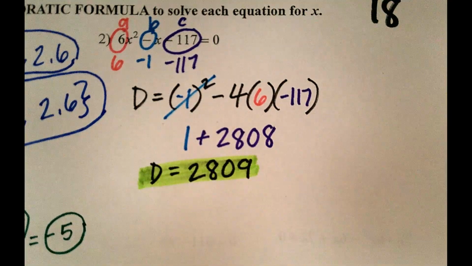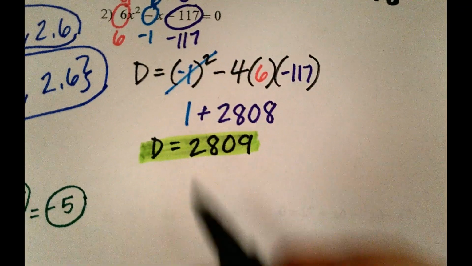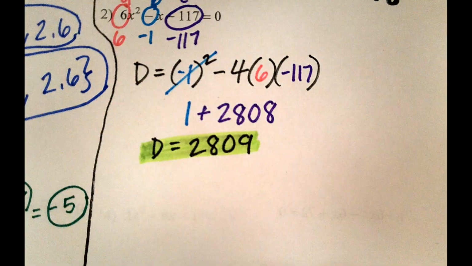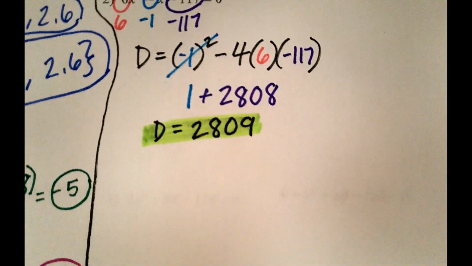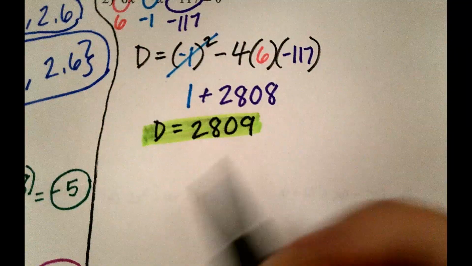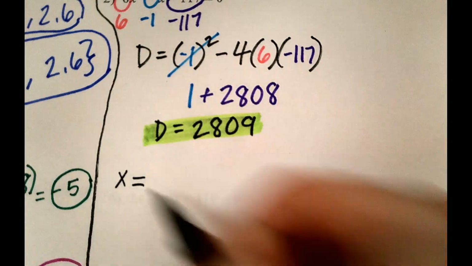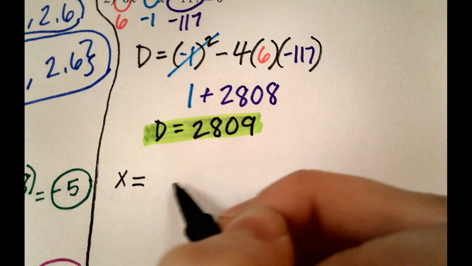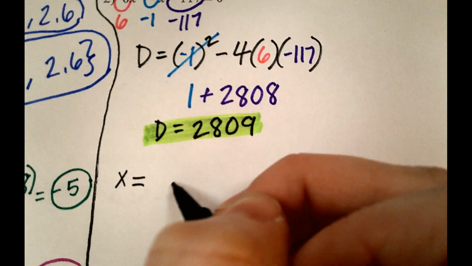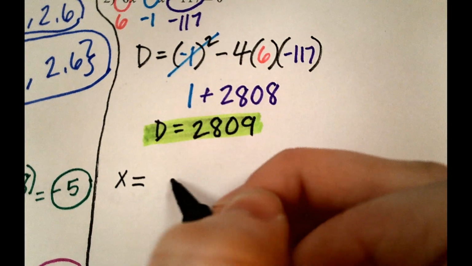So, where do I go from here? The second part of the formula. Okay. So what should I write? X equals, negative 1. What's before the negative 1?